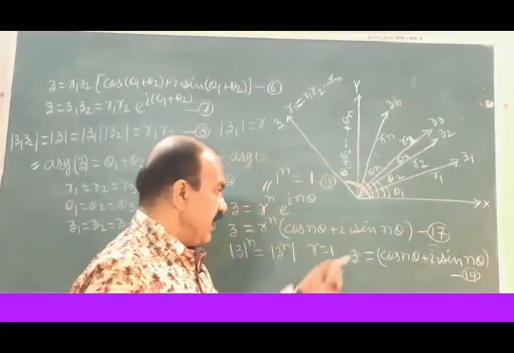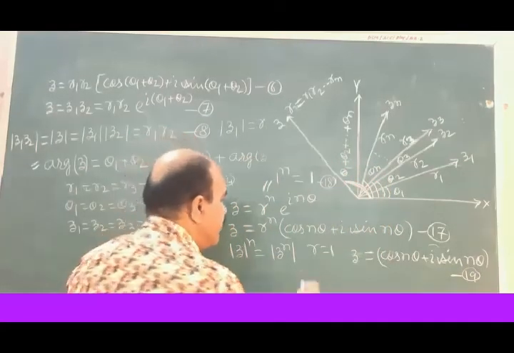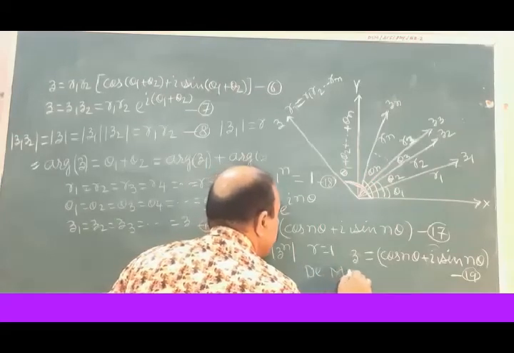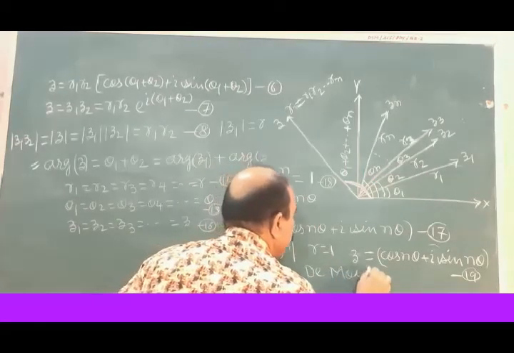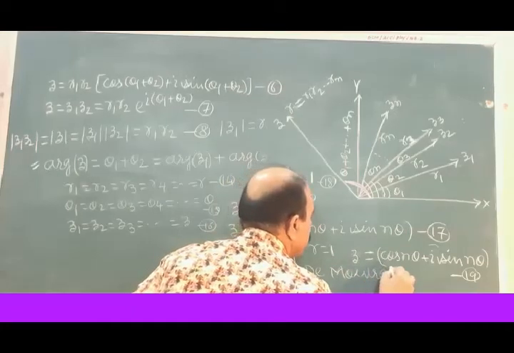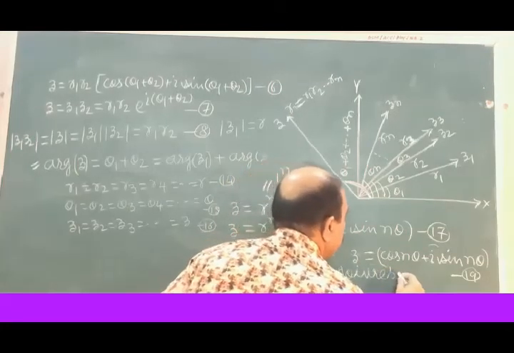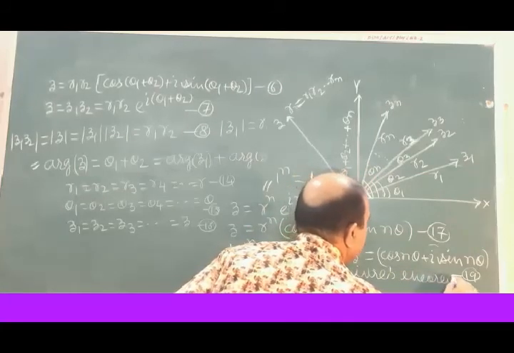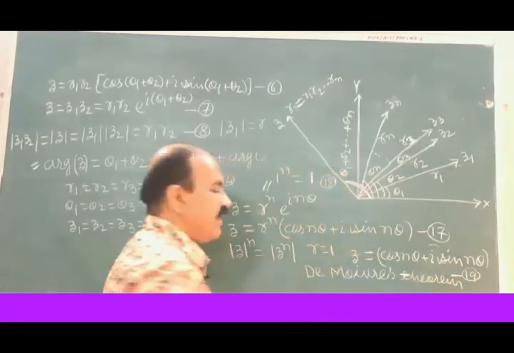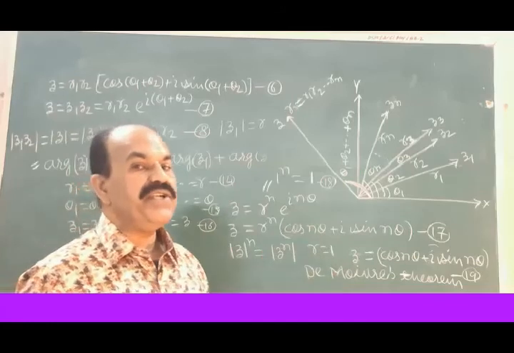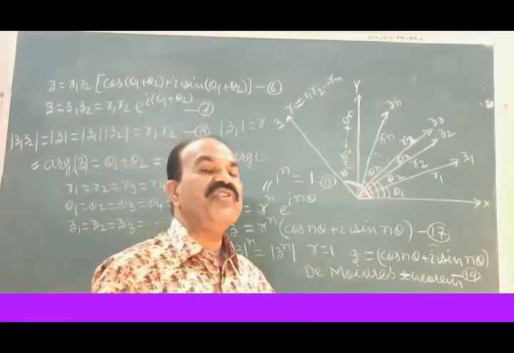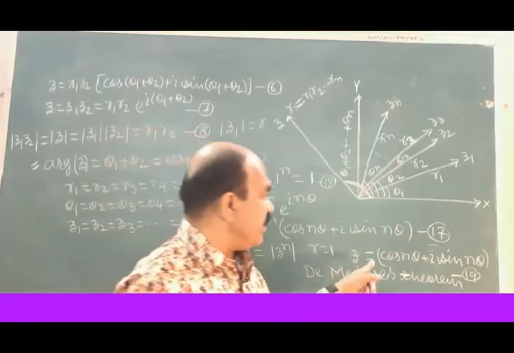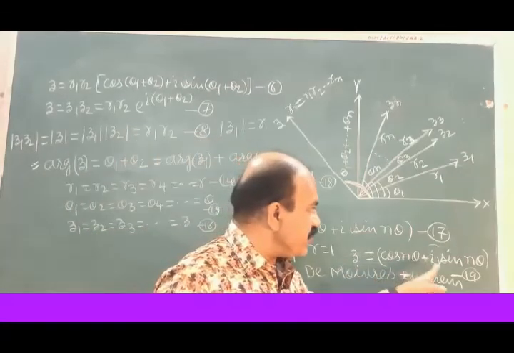19, and equation 19 is known as de Moivre's theorem for positive exponent. n is positive.